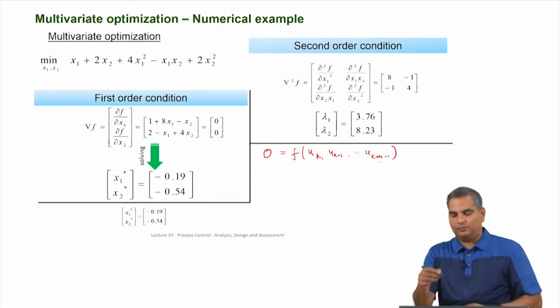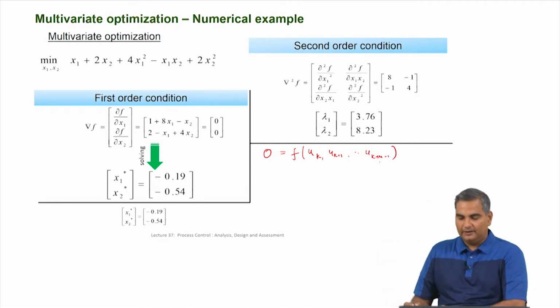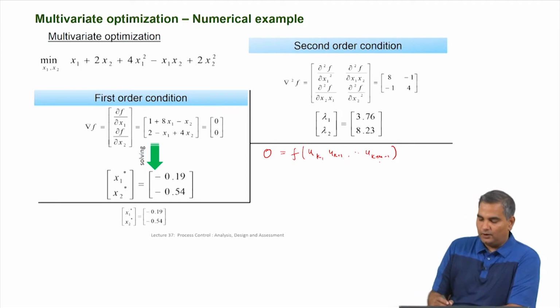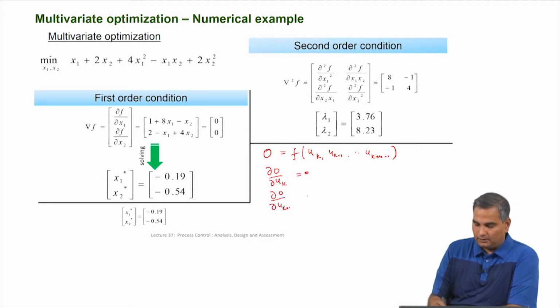So, this function has both the model and the other terms which we saw. Now, if I want to optimize this, then I have to do dou objective by dou uk is 0, dou objective by dou uk plus 1 is 0, and so on, and I will get dou objective by dou uk plus m minus 1 equals 0.